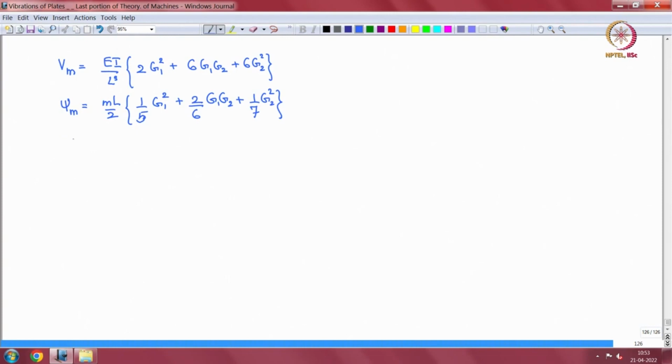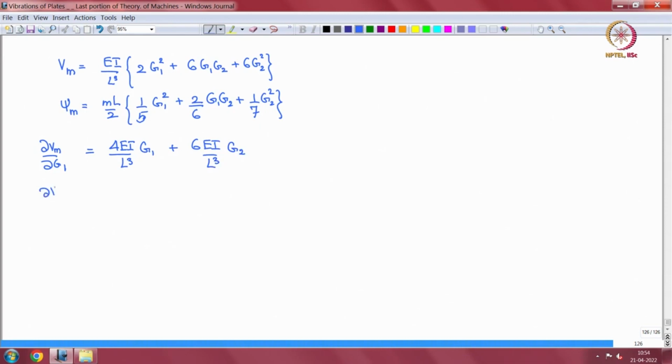So now we have to do del Vm by del g i. We'll do del g1 first, so that becomes 4 E I by L cube into g1 plus 6 E I by L cube into g2.